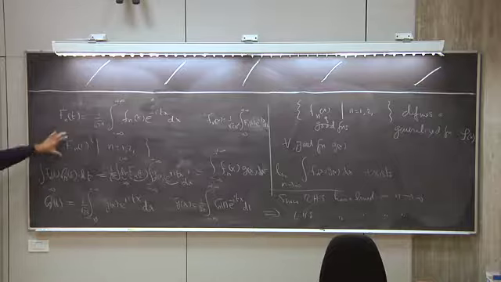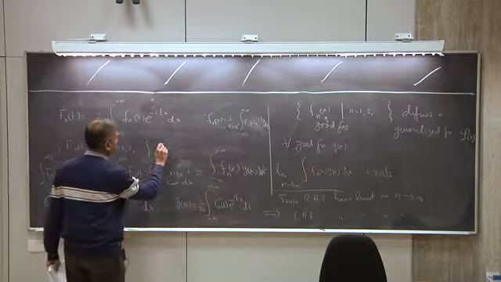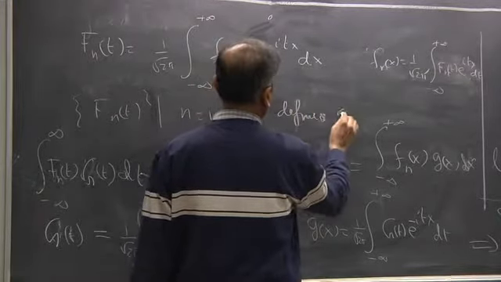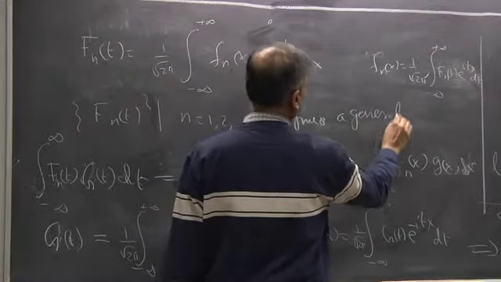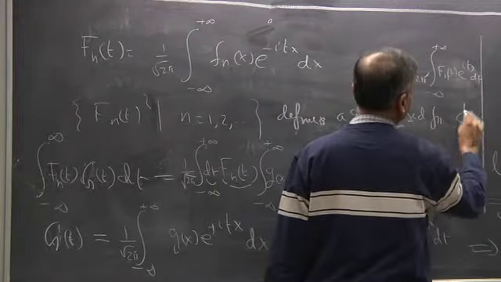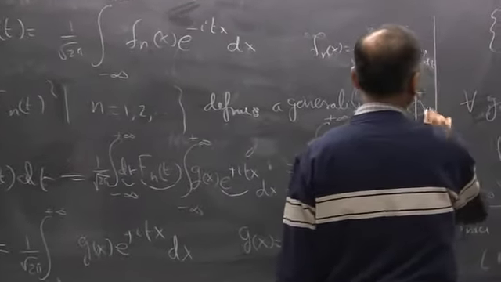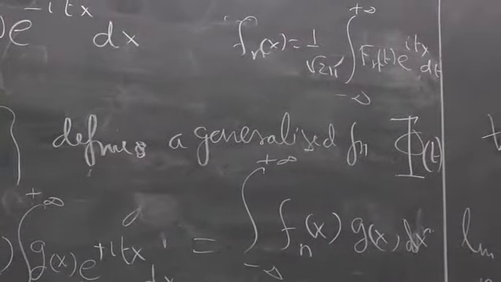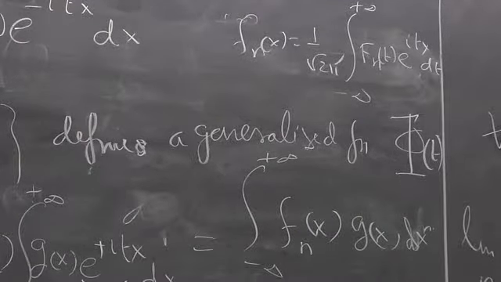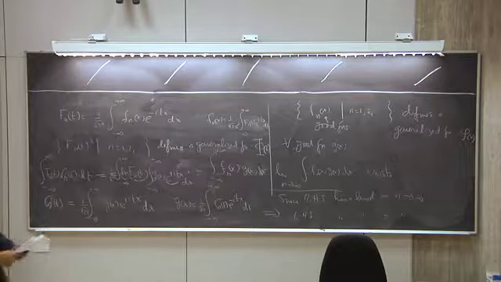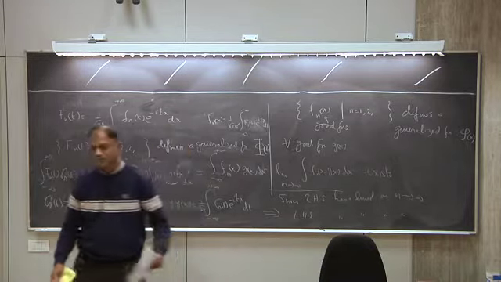So this proves that this sequence indeed defines a generalized function, and we shall just denote it by capital phi. That was a small phi, this is a capital phi of t. Any questions here?